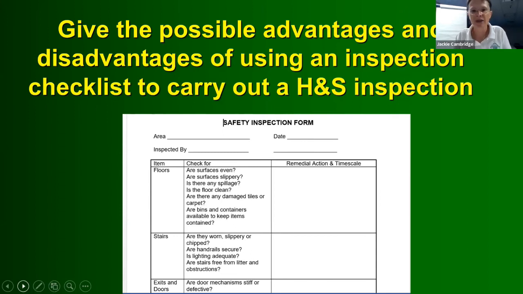So just for a couple of minutes, if you have a checklist to follow to carry out a workplace inspection, just make a note of a couple of advantages of using a checklist, but then counteract that with a couple of disadvantages. Just a couple of minutes, see what we can come out with.